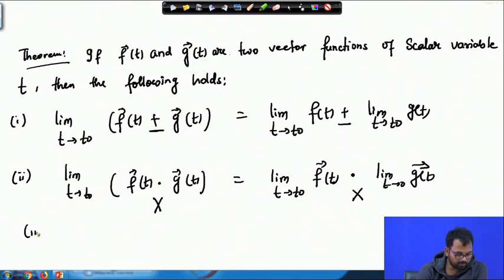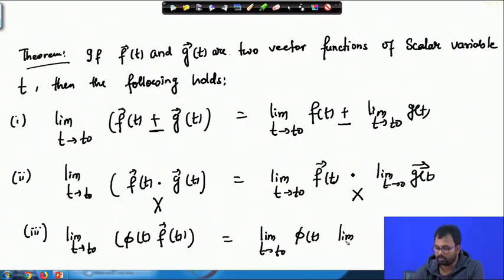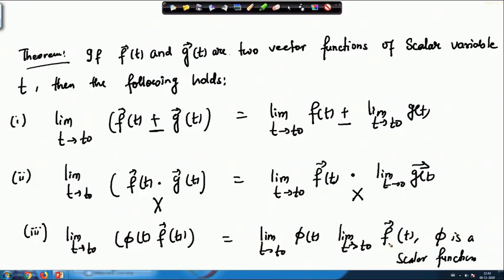The third and fourth properties: limit t goes to t0 of phi(t) times f(t) is equal to limit of phi(t) times limit of f(t), where phi is a scalar function. That means if you have a vector function multiplied by a scalar function and you take the limit, then it is the limit of the scalar function times the limit of the vector function.